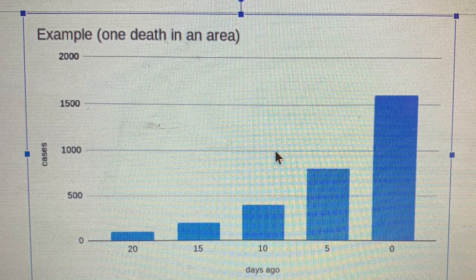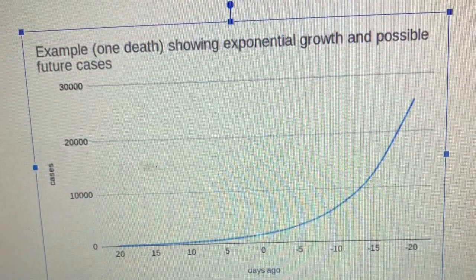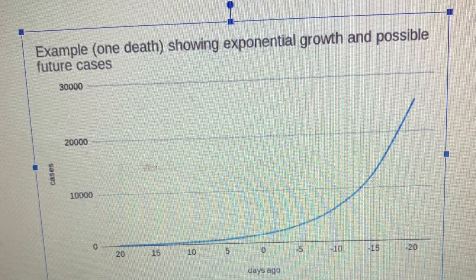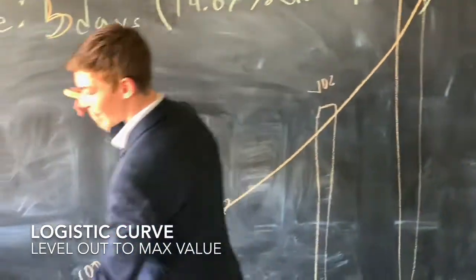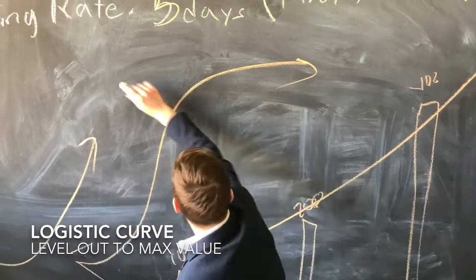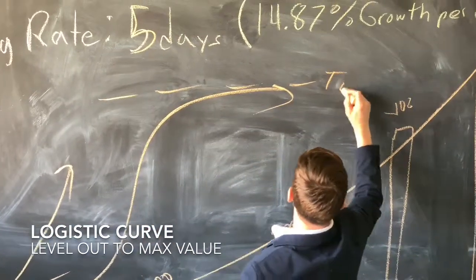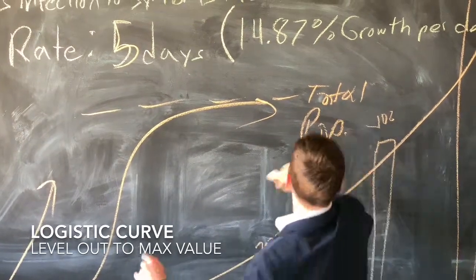And if an exponential or even a logistic curve, right, we can see this exponential curve right here. And even if it's a logistic, which it has to be, it'll go up and then curve out. This could be the worst case scenario if this is the total population.